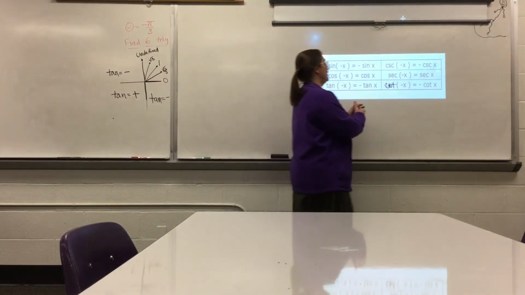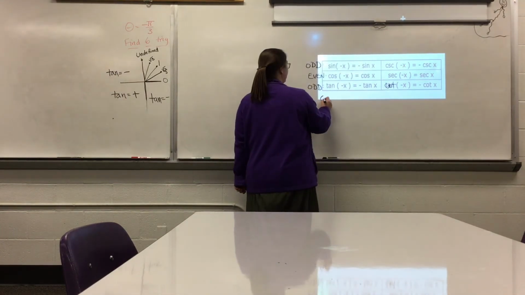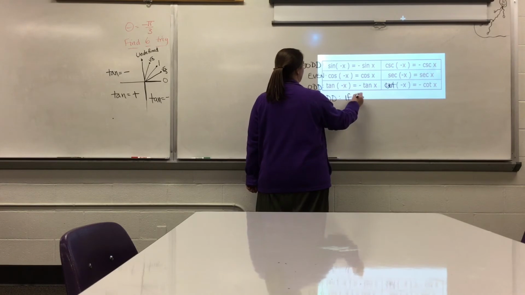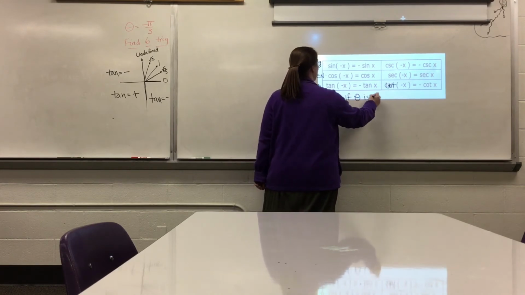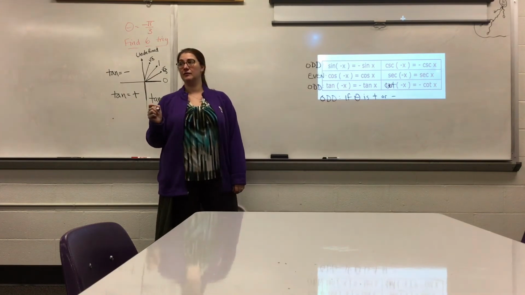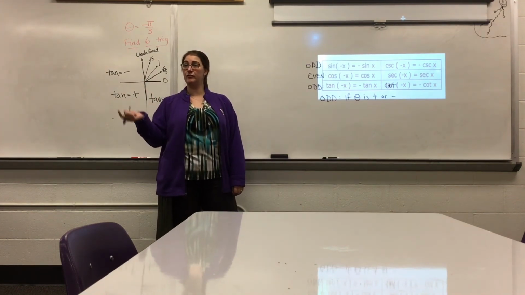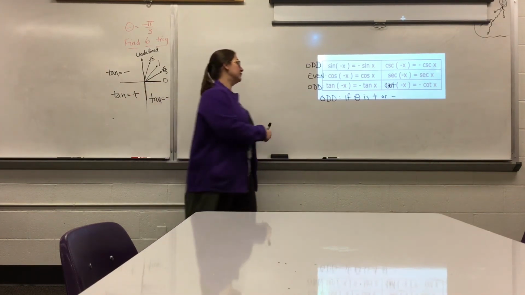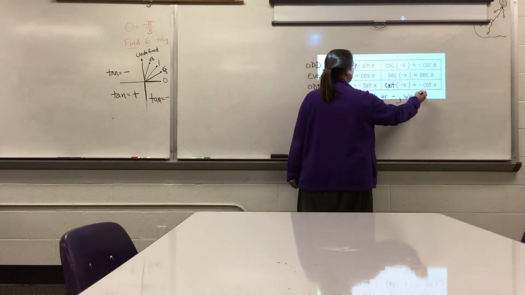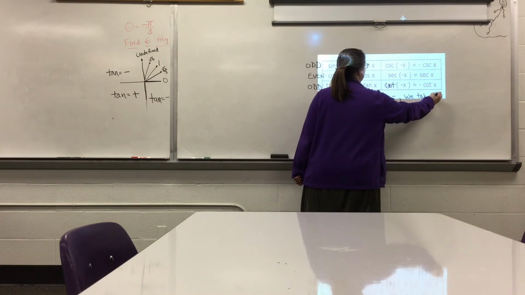So I'm going to add another little thing here. For odd, do this. If theta is positive or negative, it doesn't matter. We may start with the positive and then look at the negative, or start with the negative and look at the positive. We take the opposite.